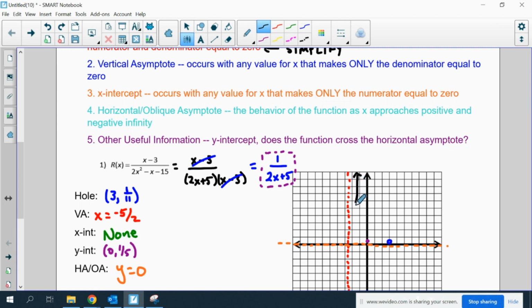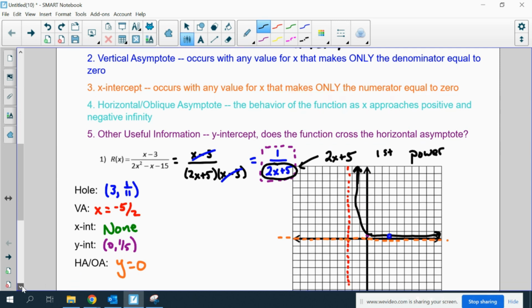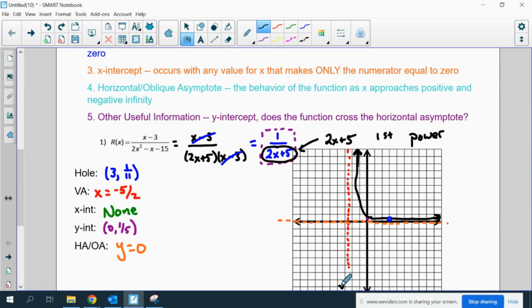So I just kind of trace where all the points are. I realize that as I go up toward this vertical asymptote, I'm going to go off to infinity. And then, since the bottom, 2x plus 5, is to the first power, anytime I have something to the first power, the behavior near the asymptotes is going to be such that on one side it goes one way, and on the other side it's going to come from the other direction.